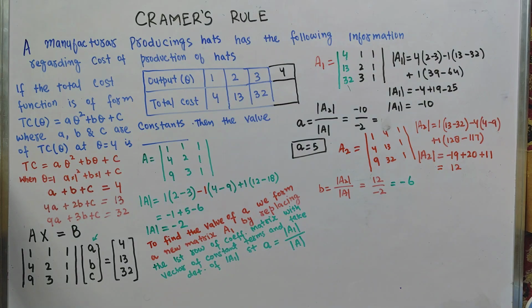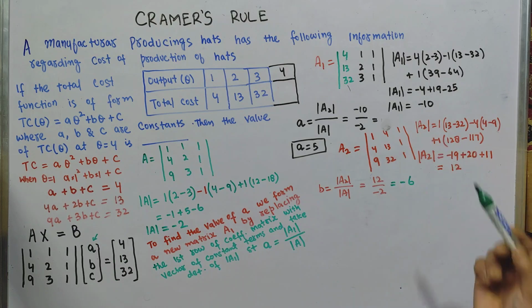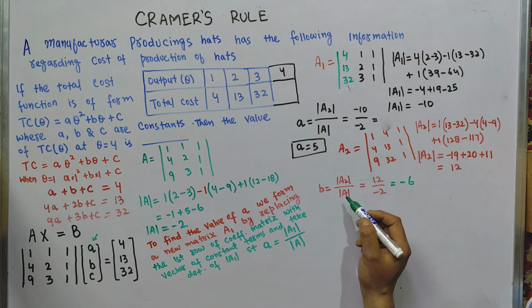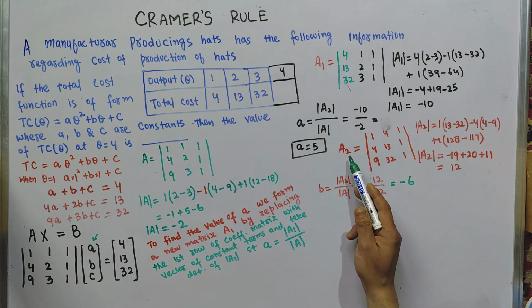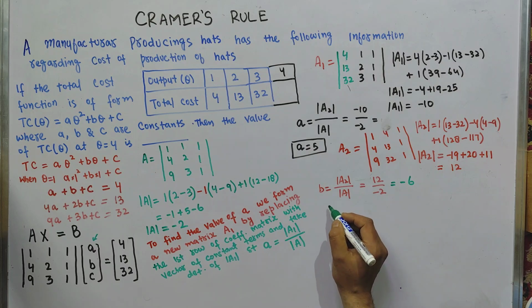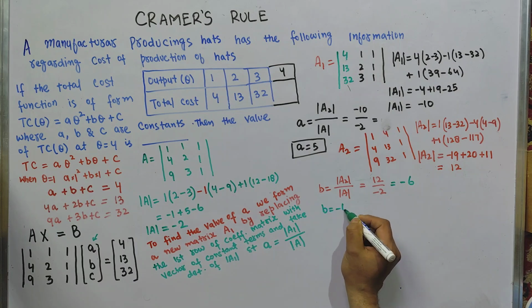To find the value of b, we replace the second column of the coefficient matrix with the vector of constant terms, take the determinant of this matrix, and divide it by the determinant of the coefficient matrix. So the value of b is equal to minus 6.